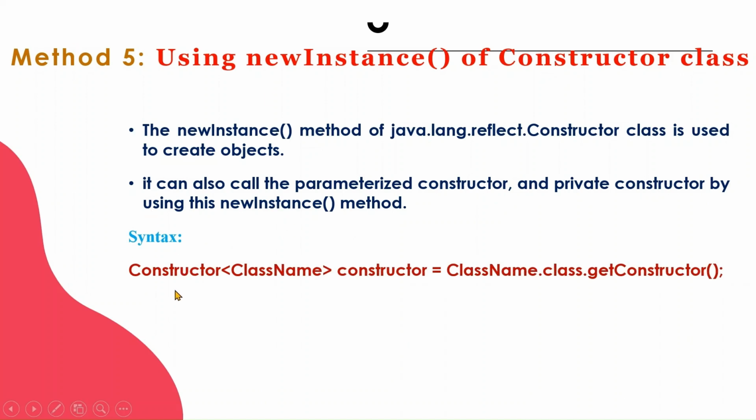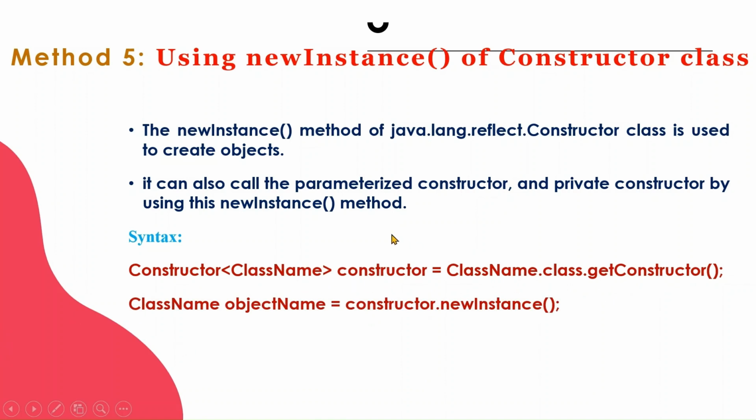Now here we have the Constructor class, and you need to give the class name for which you want to create the object, and this acts as an object, then the assignment operator, then followed by the class name dot class dot getConstructor method.